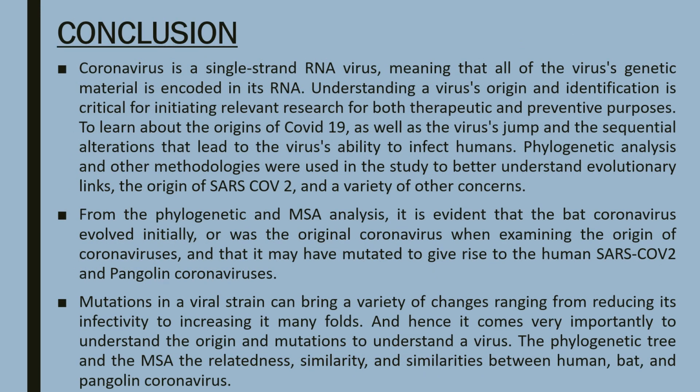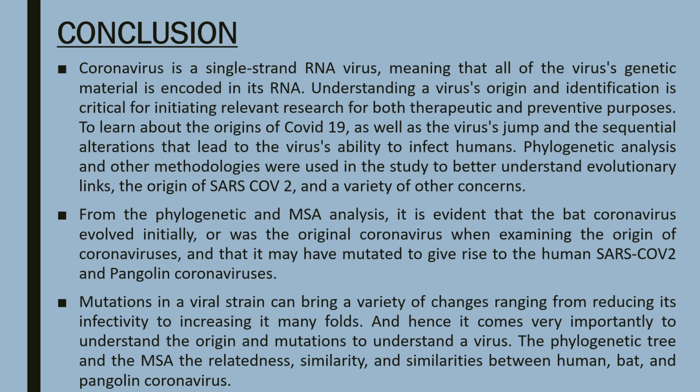Coronavirus is a group of different viruses including SARS-CoV-2, which is responsible for the COVID-19 pandemic. Coronavirus is a single-strand RNA virus, which refers to the fact that the genetic information of coronavirus is encoded in its RNA.